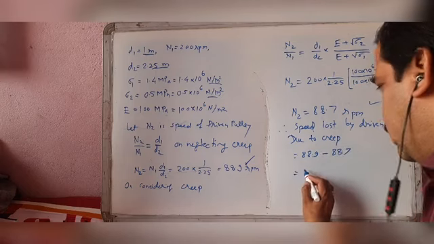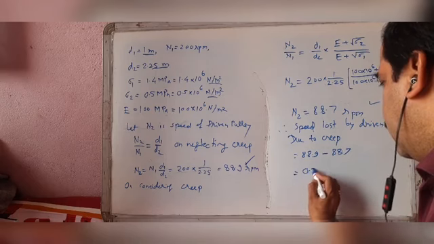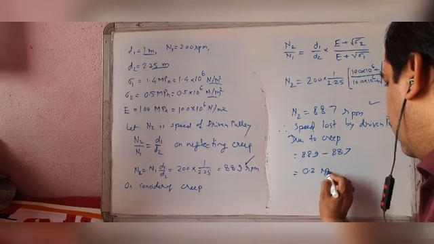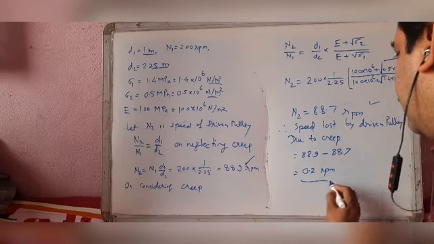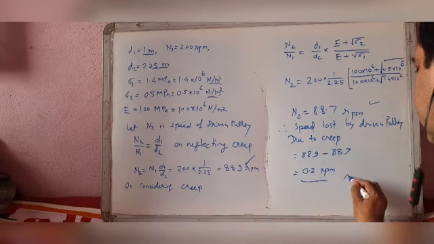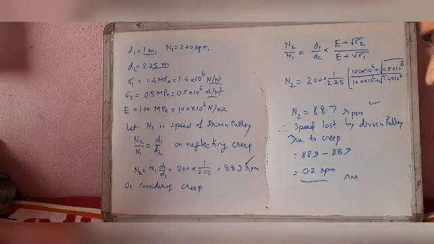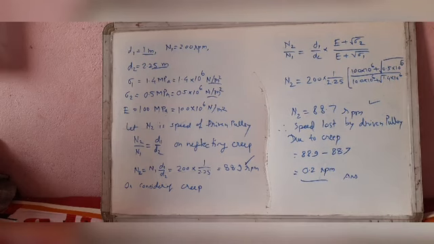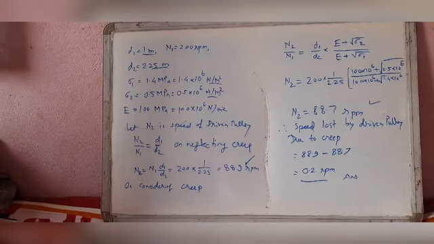So this comes 0.2 rpm, which is the speed loss. You have to solve some more questions that have been asked in the examination, so you will be able to solve a number of questions.